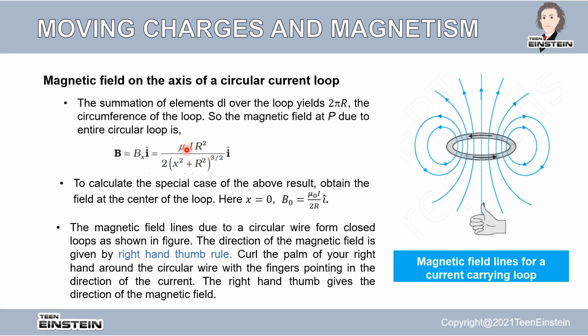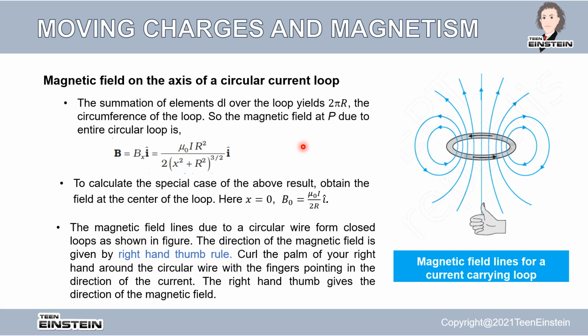If you substitute 2 pi r instead of dl, then you get mu 0 I r squared divided by 2 multiplied by x squared plus r squared the whole power 3 by 2 into i cap. So this is nothing but the field produced by a current carrying circular wire at a distance x from the center, along the axis, right?